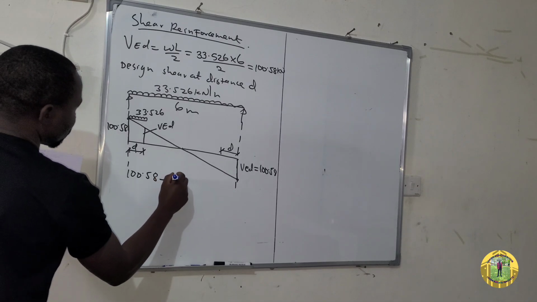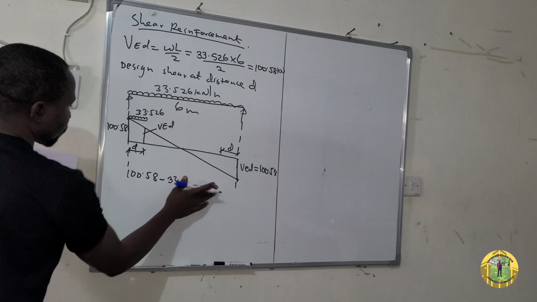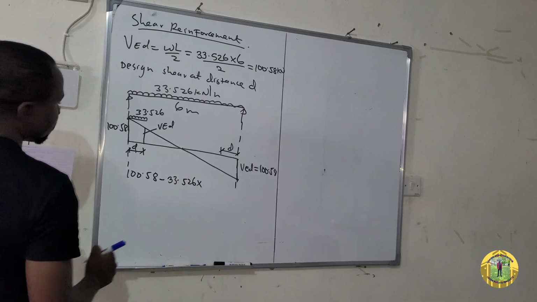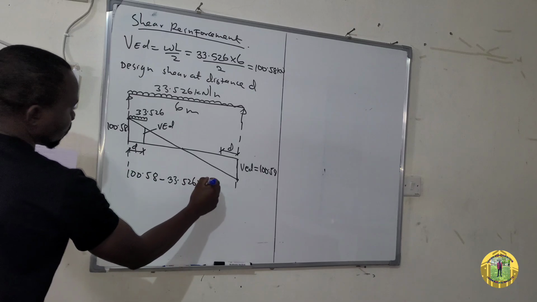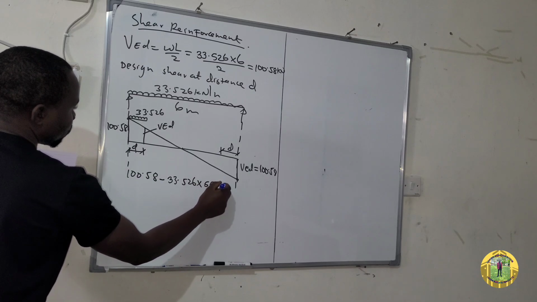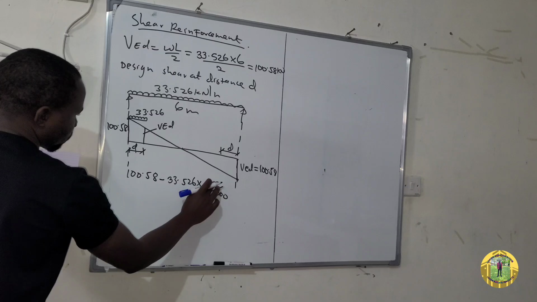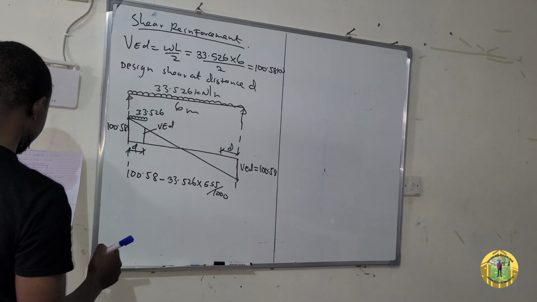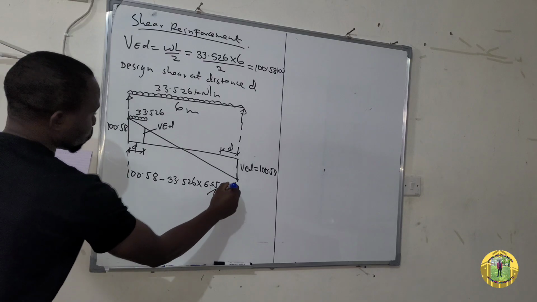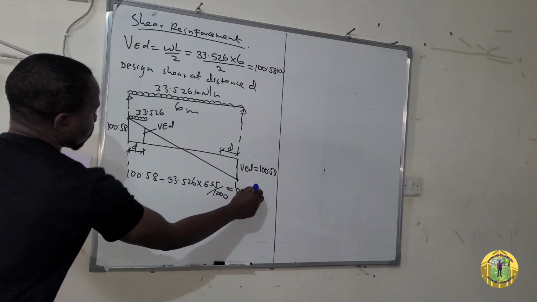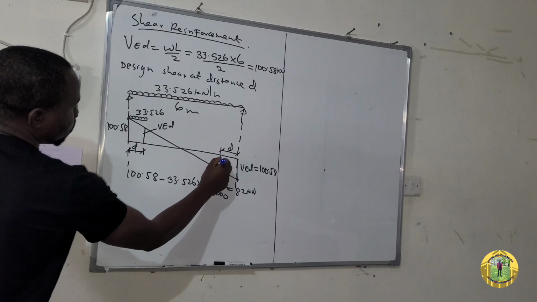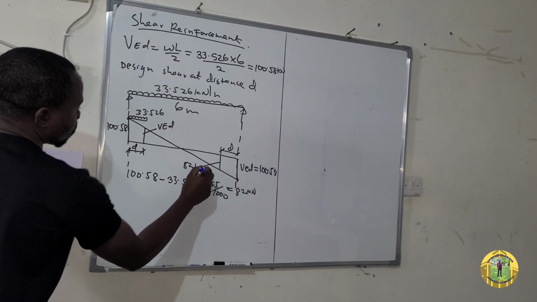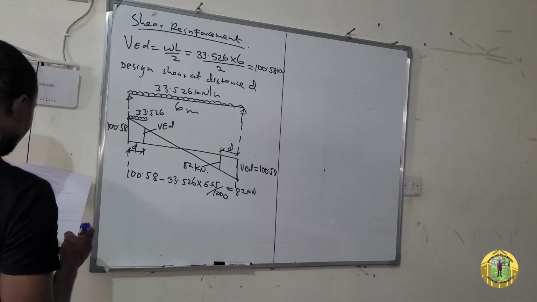So minus 33.526 times distance, which is D. This is 555 over 1,000. So you will get 82. So shear force at this point is 82 kilonewton, like that.